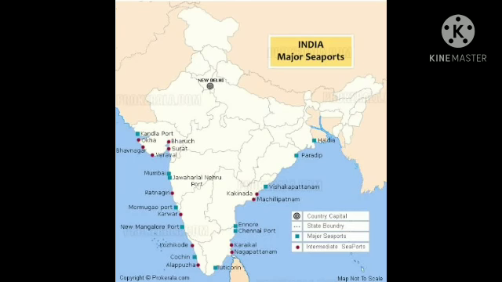So these are the major ports located on the eastern and western coast of India, which help us in carrying out 95% of our trade. India's location at the head of the Indian Ocean has given us an important strategic position from ancient times onwards, in handling trade relations with foreign countries.